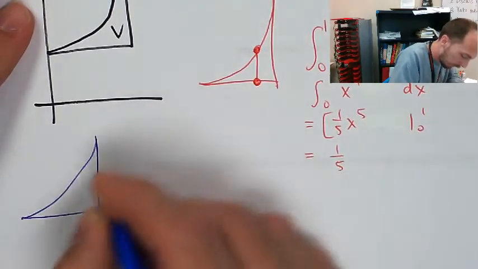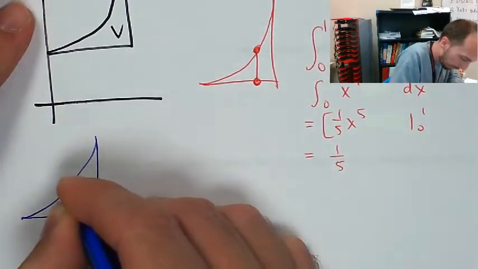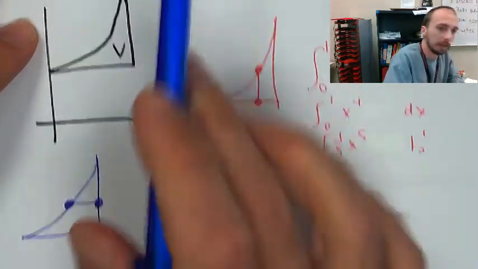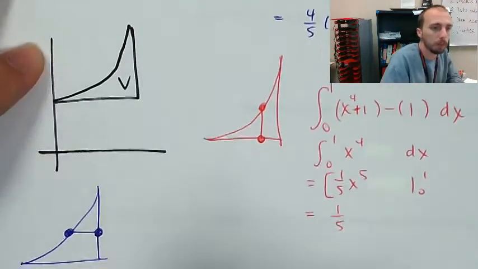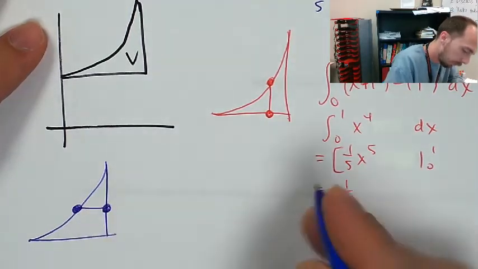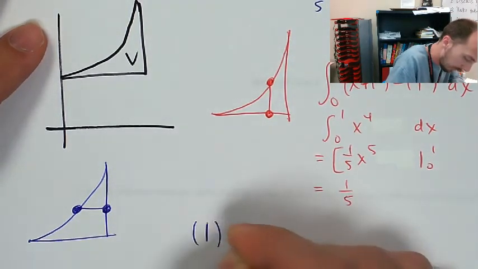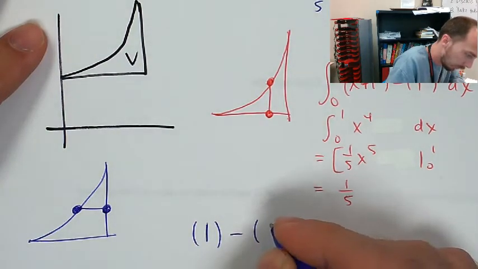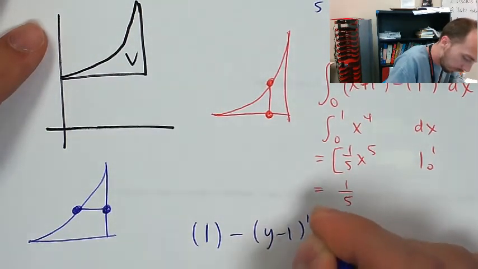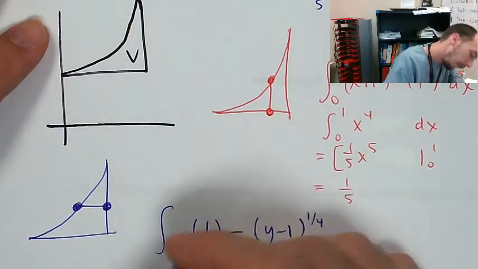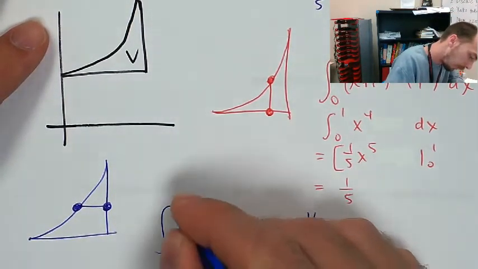And in y, let's do this one. Let's say this is, well, I already did x equals the 4th root of y minus 1. And that's going to be on the left. So when I do right minus left, it's going to be x equals 1 minus x equals y minus 1 to the 1/4 power. And I'm going to integrate as y runs from 1 to 2 again.